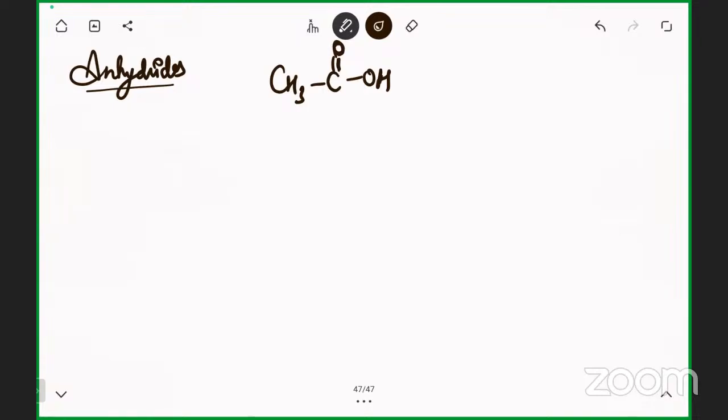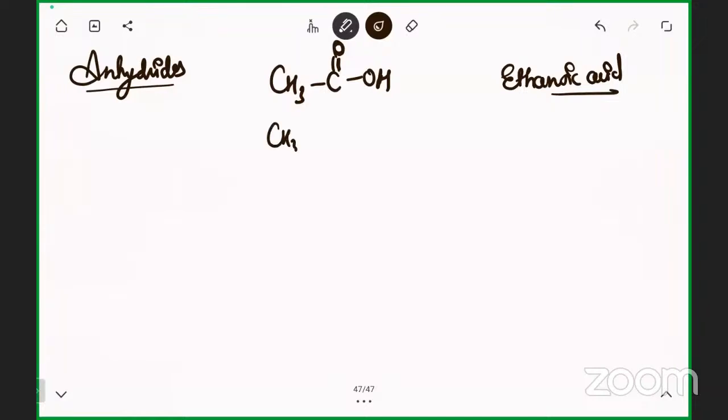What is the root word for 2 carbons? Ethanoic acid, sir. Very good. So it's 2 carbons, it means ethane, and oic acid just because the COOH group is present.